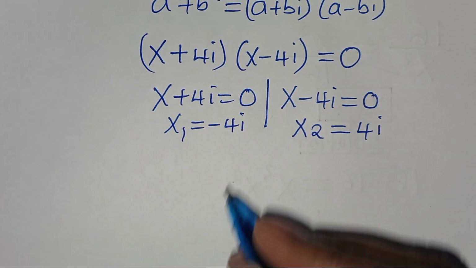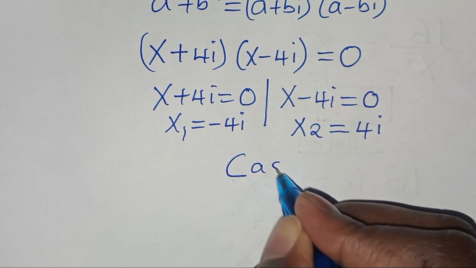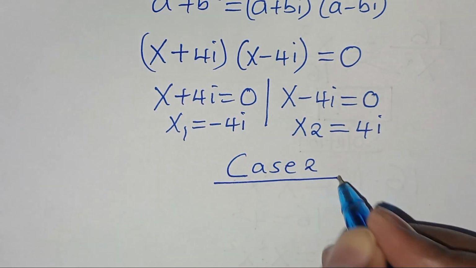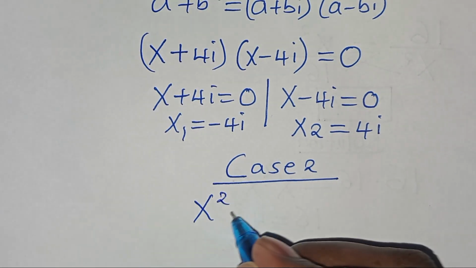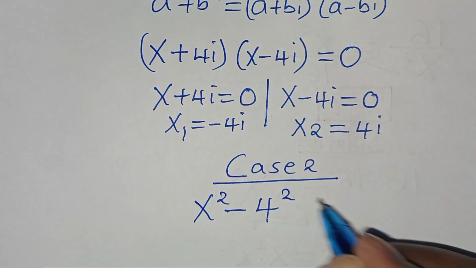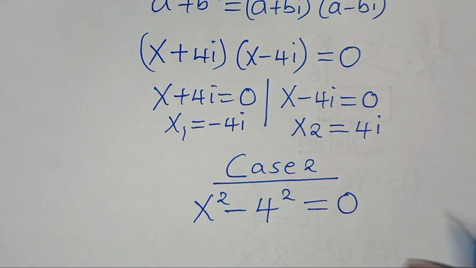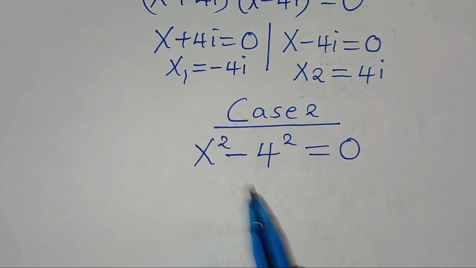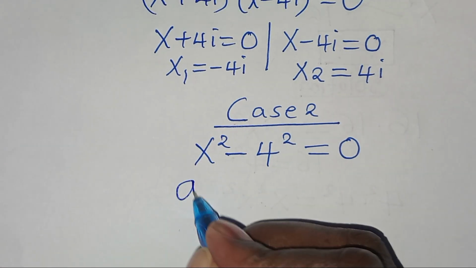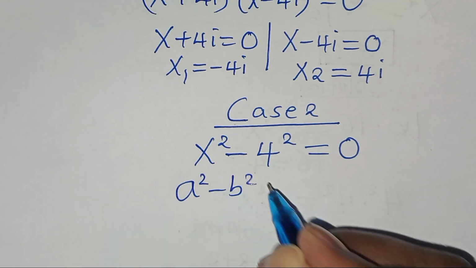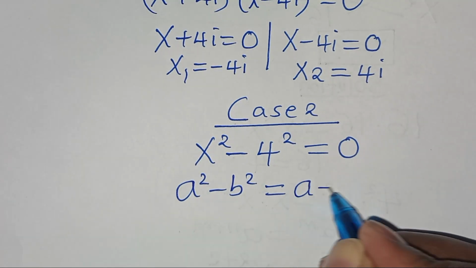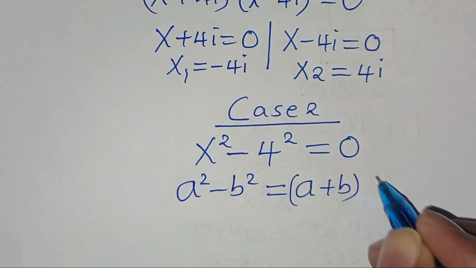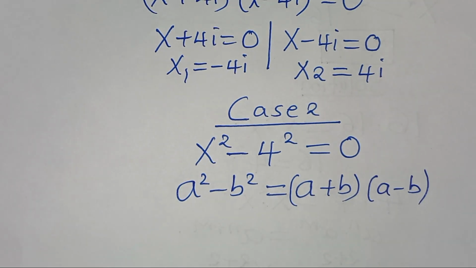Now let's proceed to case 2. We have x to the power 2 minus 4 to the power 2 equal to 0. This equation is in the form of a squared minus b squared, which we can express as a plus b, a minus b.